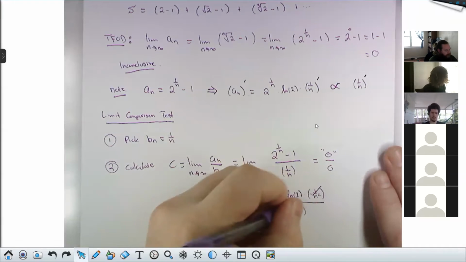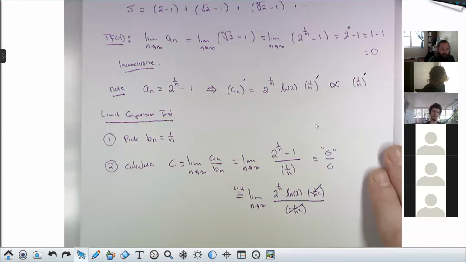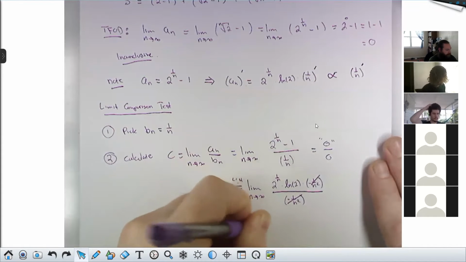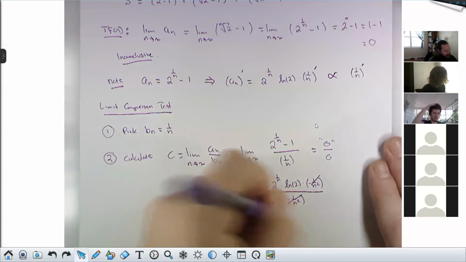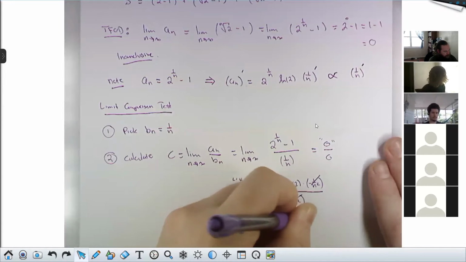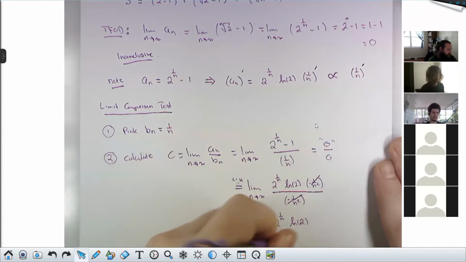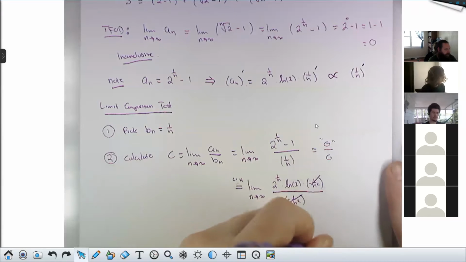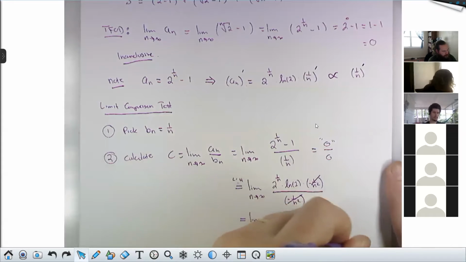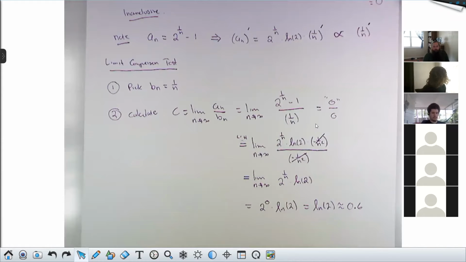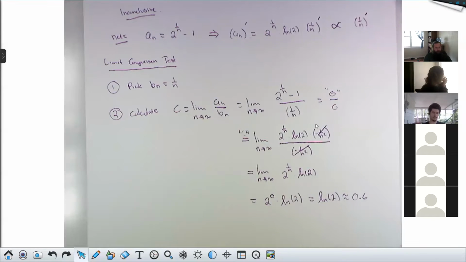And we can cancel these pieces, meaning what we have left is the limit as n goes to infinity of 2 to the 1 over n times the natural log of 2, which is 2 to the 0 times the natural log of 2. And 2 to the 0 is 1. So this is ln 2, which is somewhere around 0.6. Later in the semester, I'll be able to give you a cool tool for approximating the natural log of 2. That'll be fun, but a totally different thing.